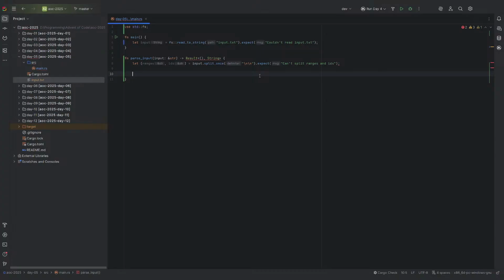So I can have a vector of... I think a start and end pair should be fine, really.